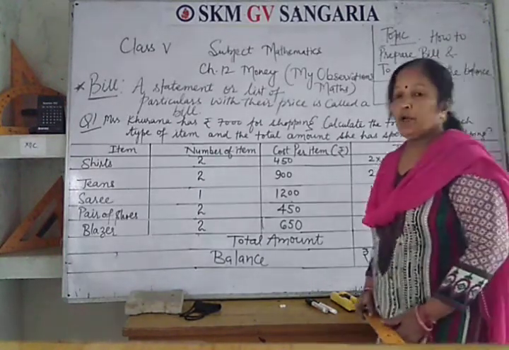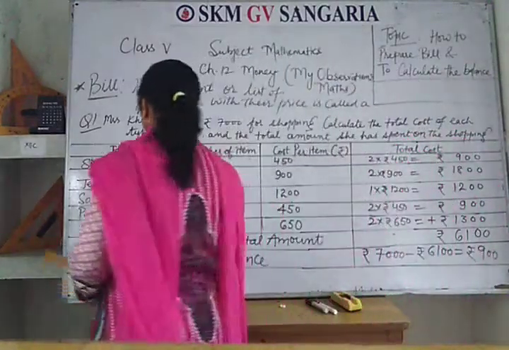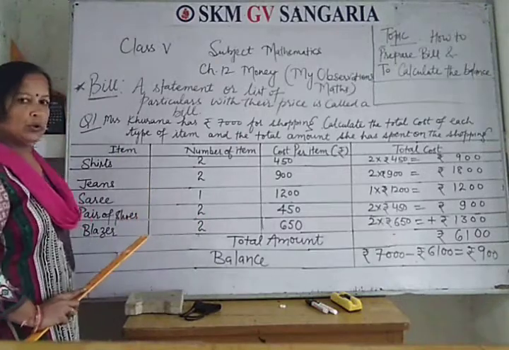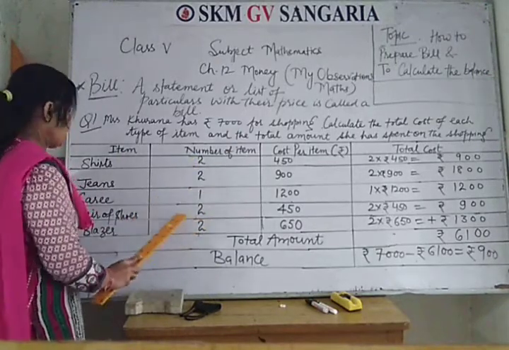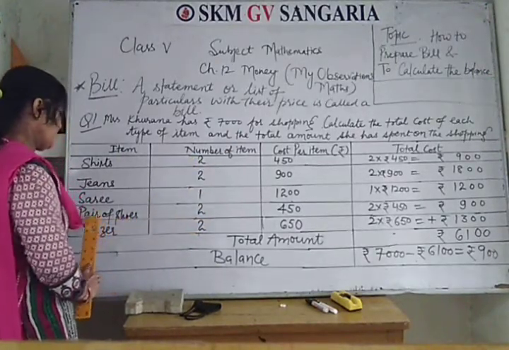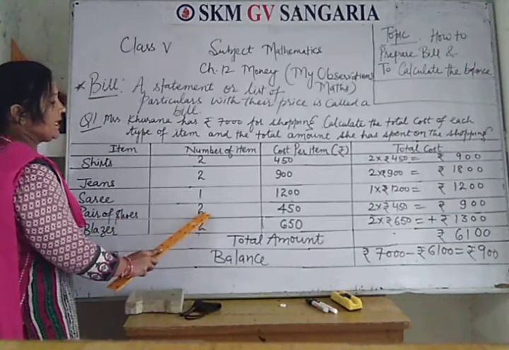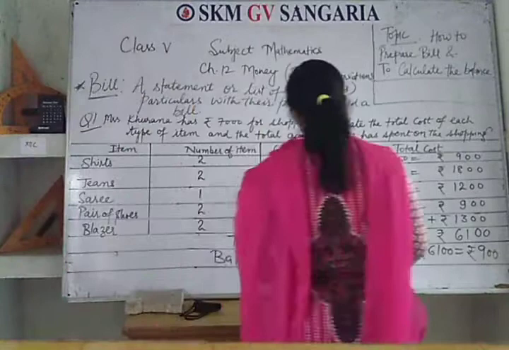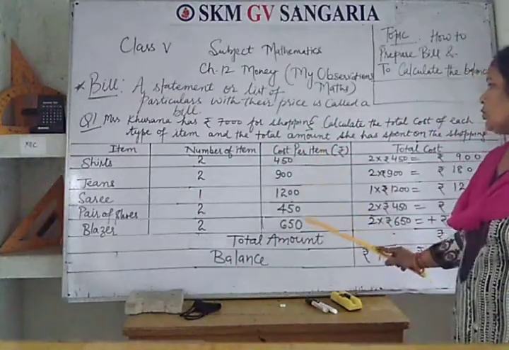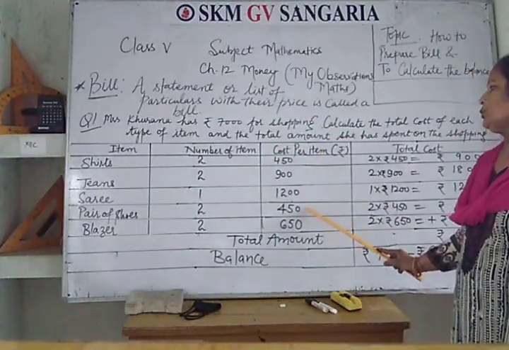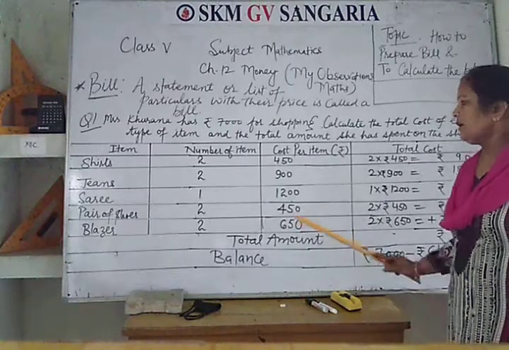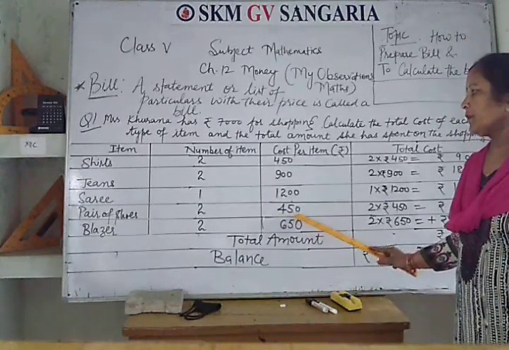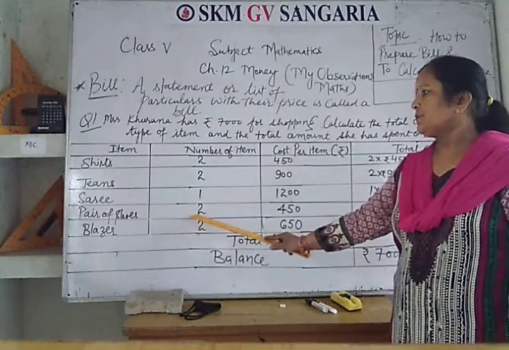Now, pair of shoes. How many pairs of shoes has she purchased? 2. The cost per pair of shoes is rupees 450. So she has purchased 2 pairs.